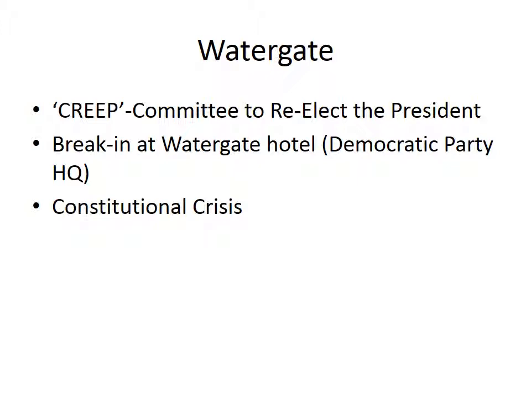There's no actual empirical evidence to support that. And there's a reason there's no empirical evidence to support that. And it's because while it's unclear whether or not Nixon deliberately ordered this, it's very clear that he deliberately ordered the cover-up and obstructed the investigation. This is what's going to lead to the constitutional crisis, which ultimately will cost Nixon his job.